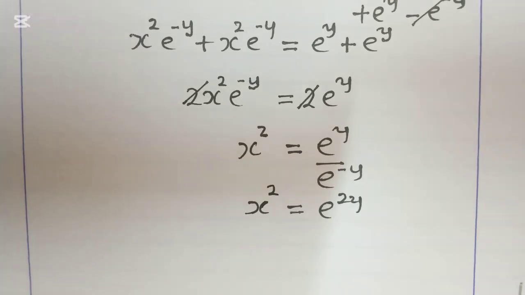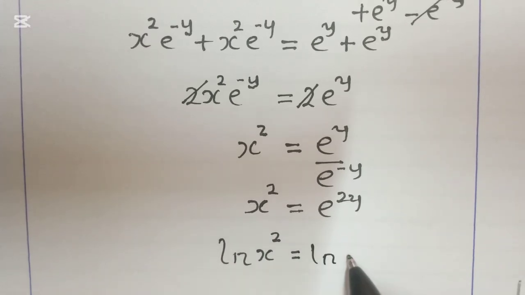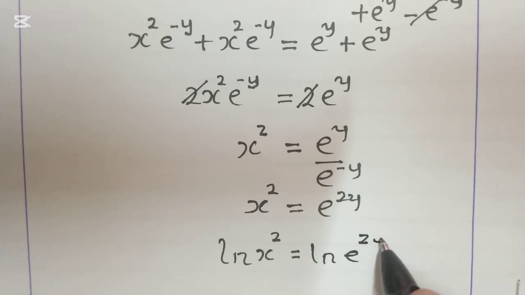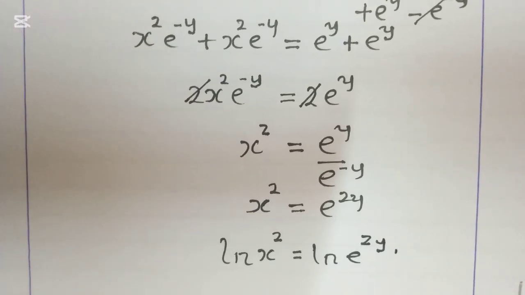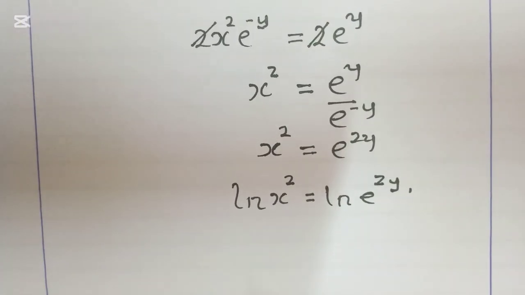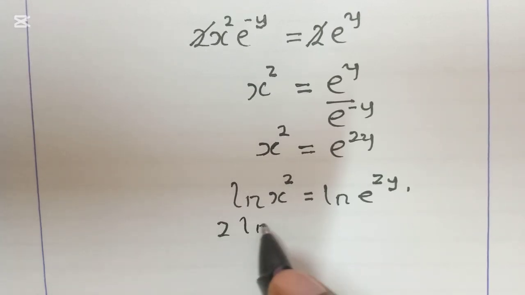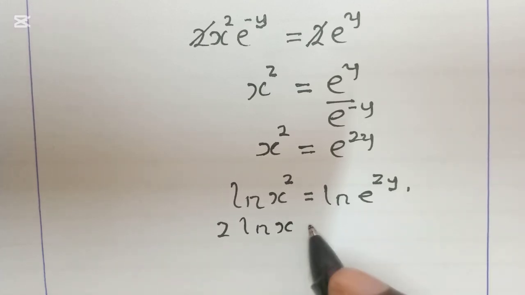Now let's bring in the natural log of both sides. So natural log of x squared will be equal to natural log of e raised to 2y, like that. And so guys, I can now put my 2 here in front of ln x, like that.